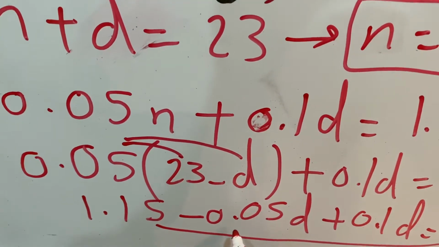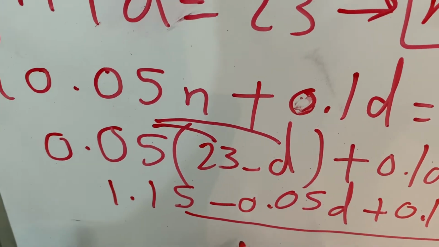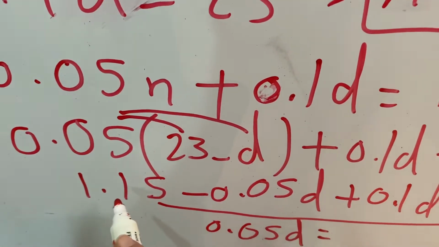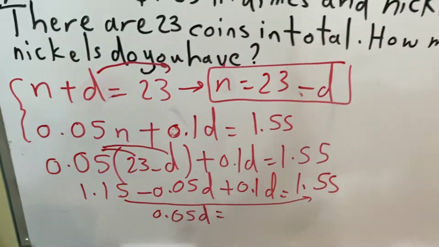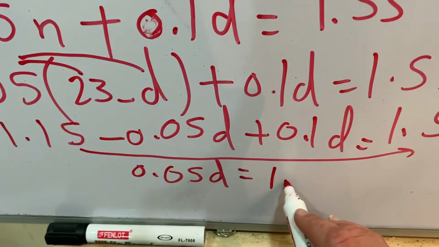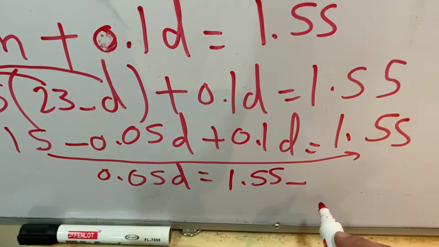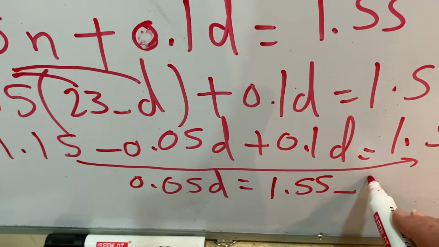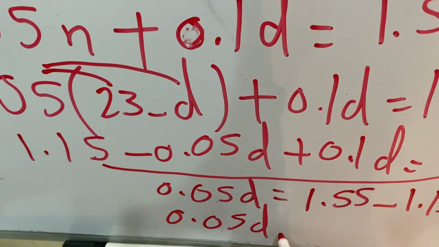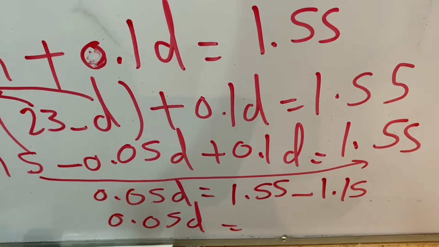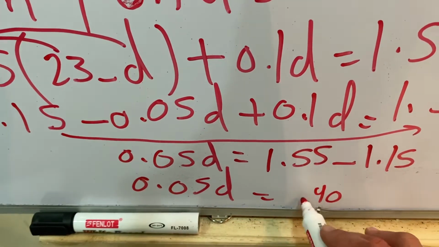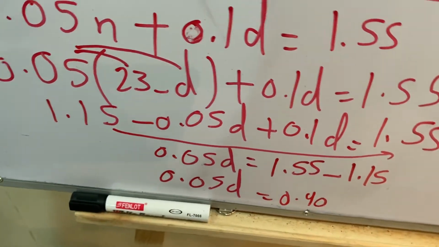So negative 0.05D plus 0.1D gives me 0.05D, which is equal to 1.55 minus 1.15, because when it is positive and goes to the other side it becomes negative. Now I subtract these together: 5 minus 5 is 0, 5 minus 1 is 4, so 0.40.